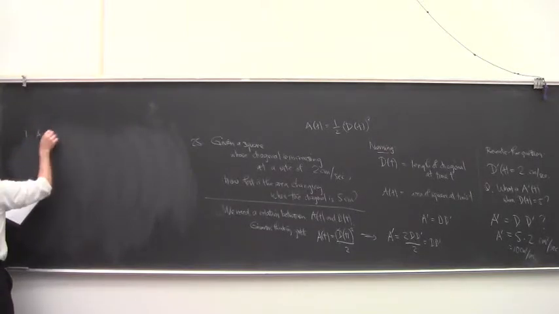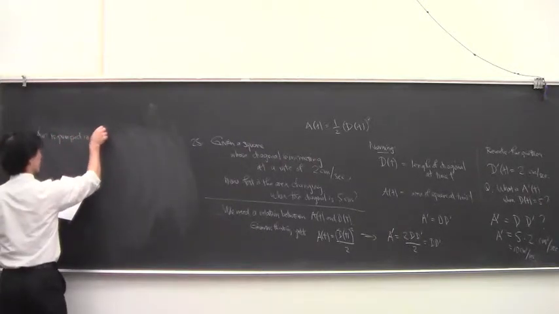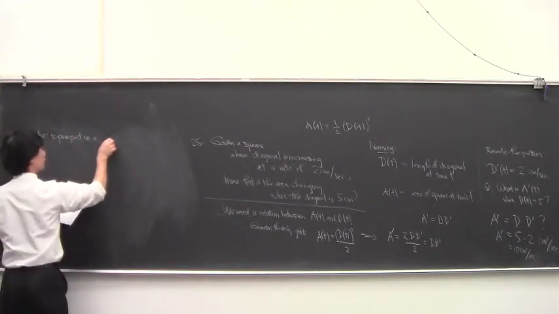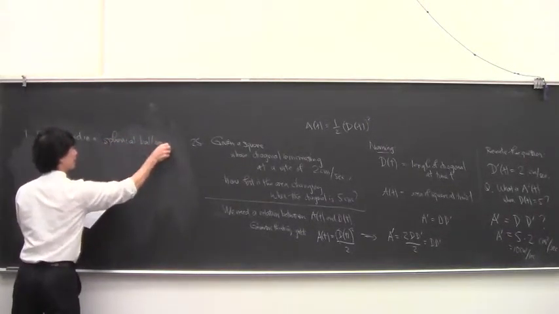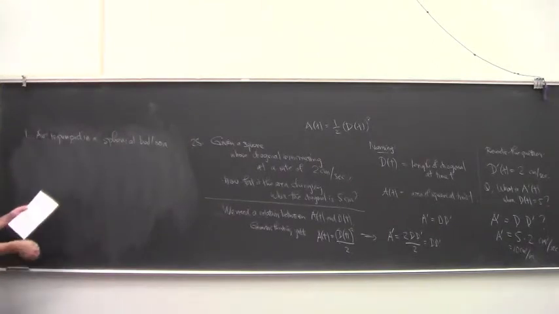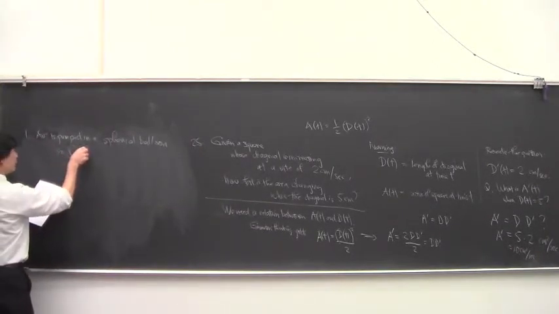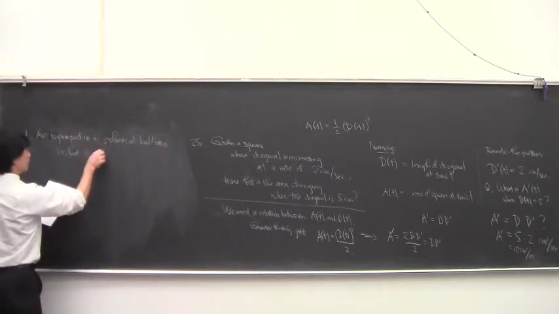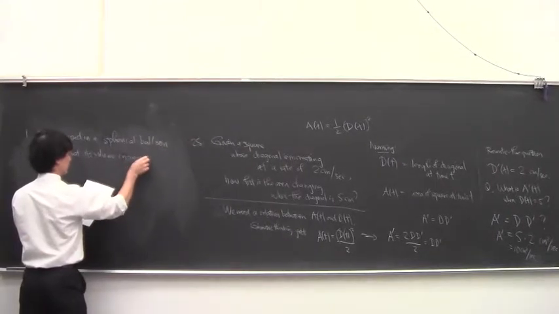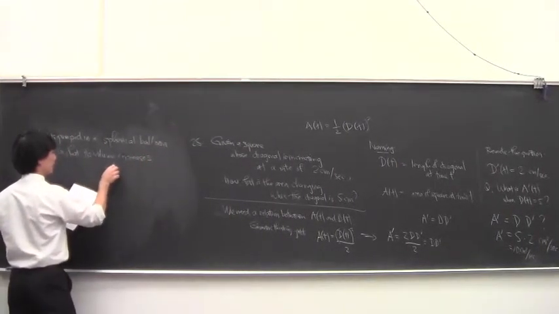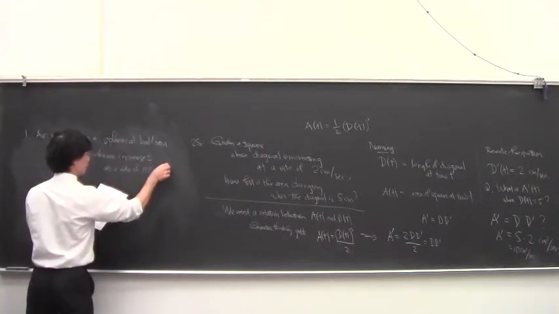Case 1: air is pumped into a spherical balloon. So this balloon is somehow rigged so that it's always a perfect sphere, so that its volume increases at a rate of 100 centimeters cubed per second.